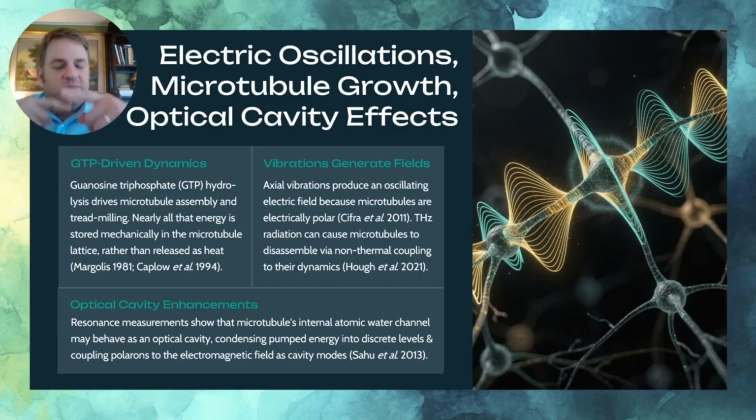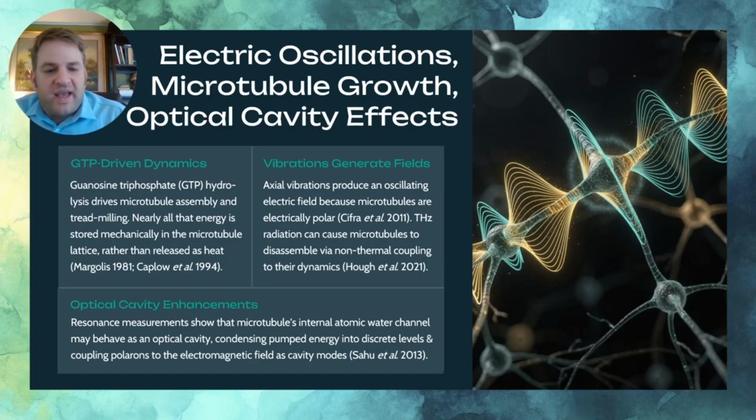So the microtubule kind of grows and treadmills through space. Nearly all of the energy from GTP hydrolysis is stored mechanically in the microtubule lattice rather than being released as heat.